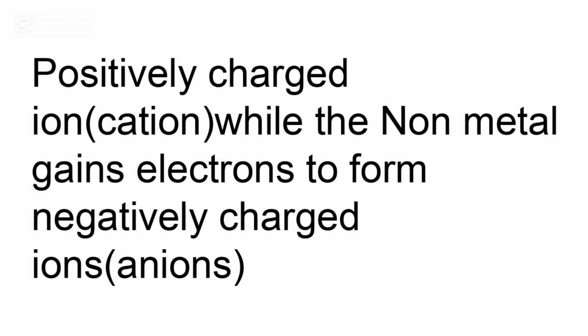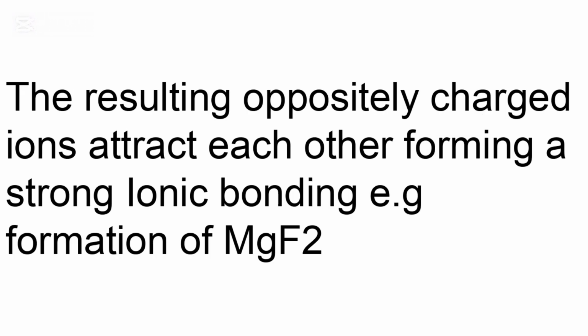The metal loses electrons to form positively charged ions or the cation, while the nonmetal gains electrons to form negatively charged ions. Those are the anions. The resulting oppositely charged ions attract each other, forming a strong ionic bonding.